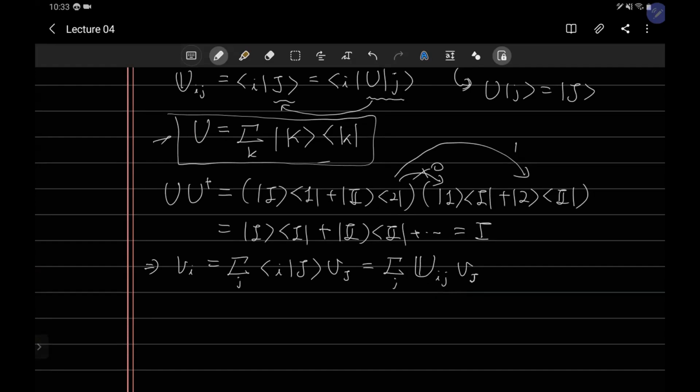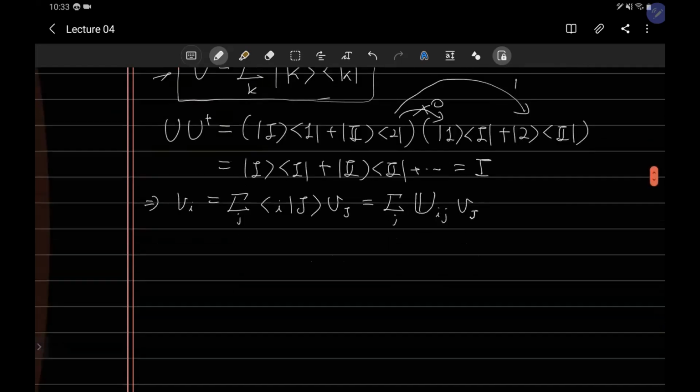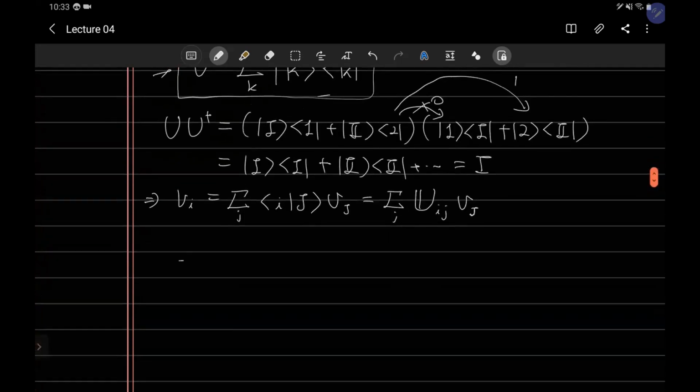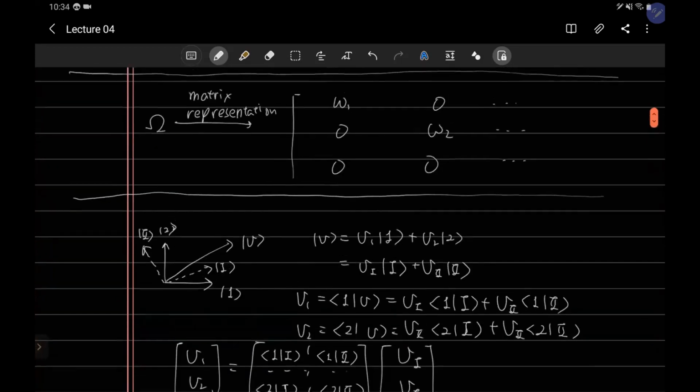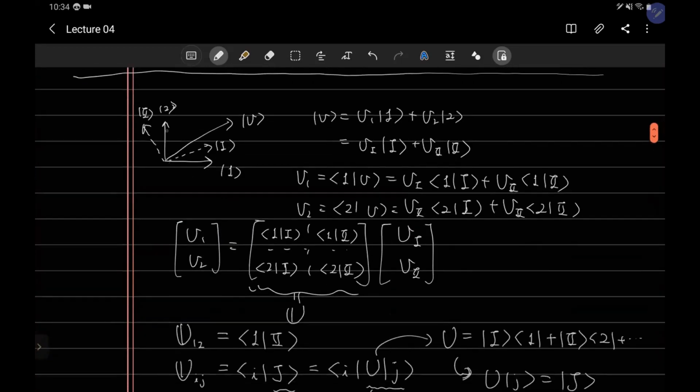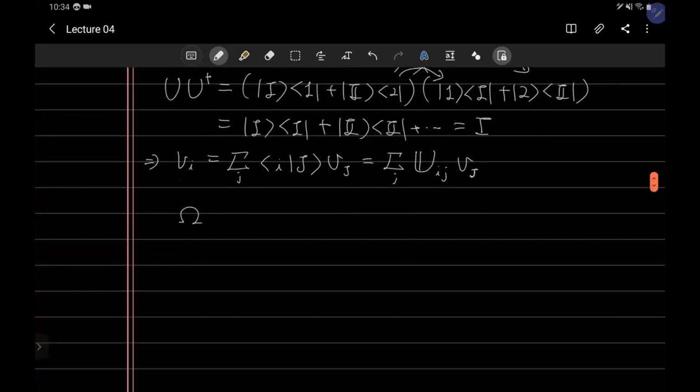Let's think about some operator omega and its matrix representation in this original basis. To obtain such a value, we have to take the inner product between these two bases, for which we frequently also use this notation.